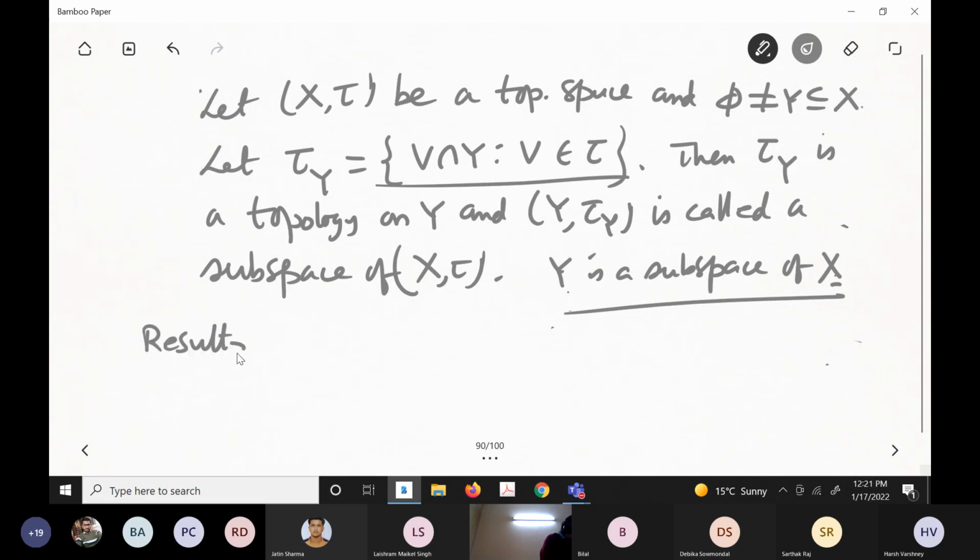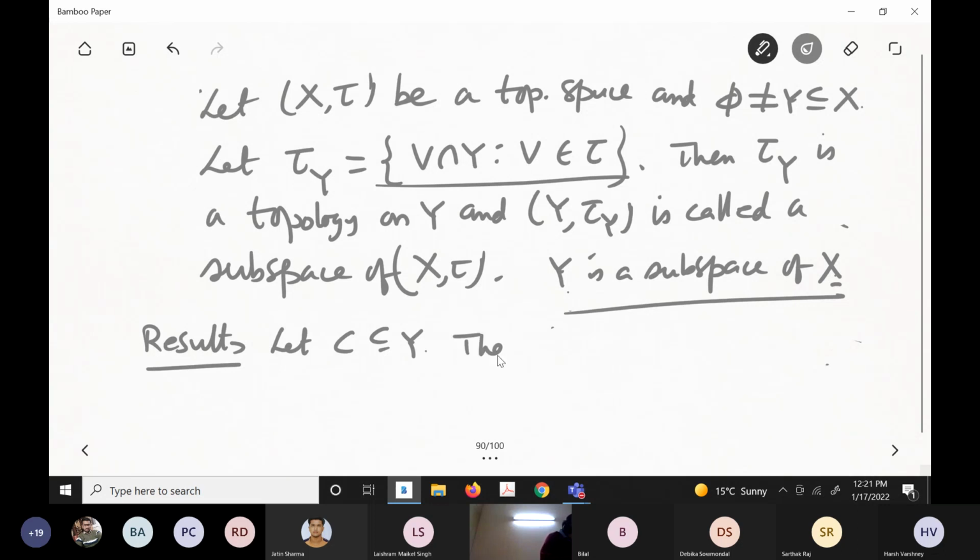One. Let C be a subset of Y. You are having a topological space.